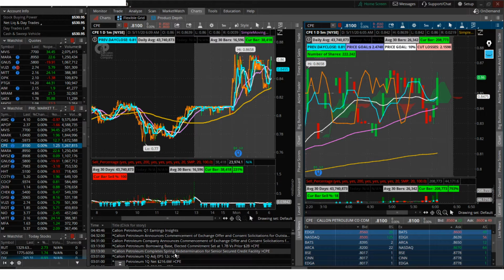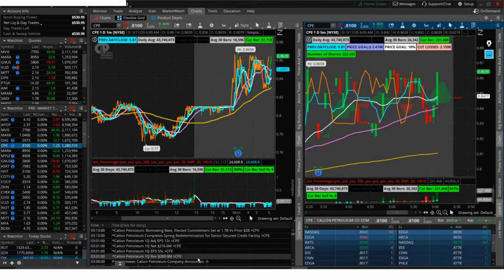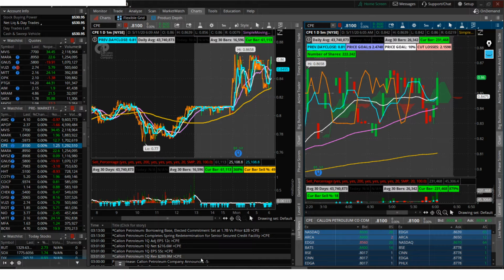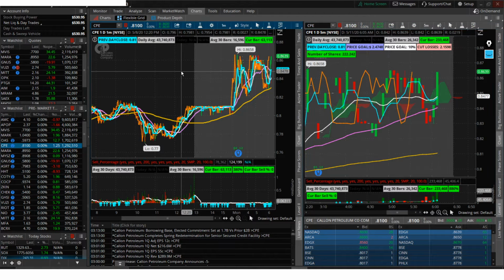Okay, so they completed their spring redetermination for senior secured credit facility. The borrowing base elected by the committee is 1.7 billion, prior to 2 billion. Okay, so it looks like the first quarter revenue was 28.9 million. So that's good.